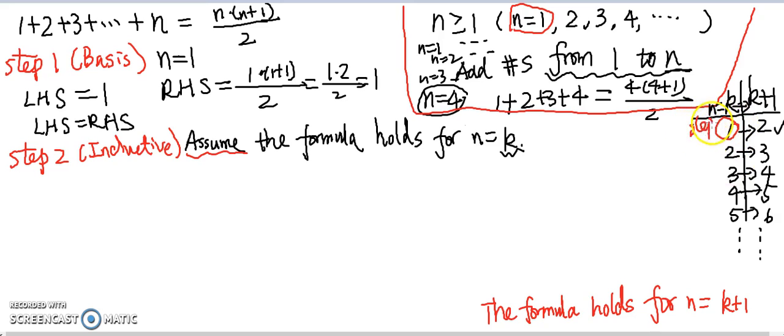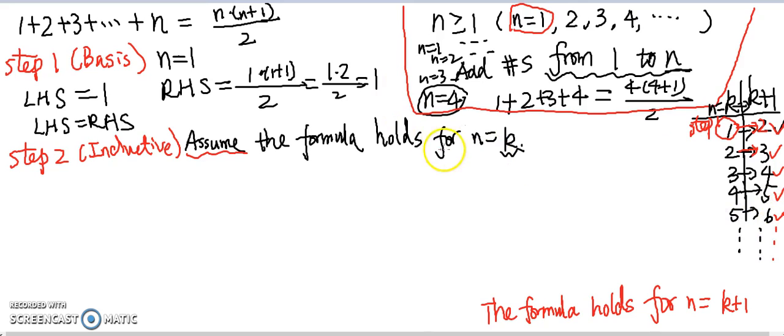And in step 2, we prove if it holds for 1, then it holds for 2. Then by using step 2, we get the formula is true for 2. And then we go back to use step 2 again. Because it holds for 2, then it holds for 3. Use step 2 again: if it holds for 3, then it holds for 4. Use step 2 again: it holds for 4, then it holds for 5, and so on.